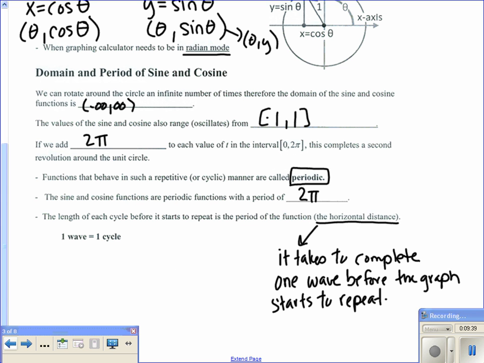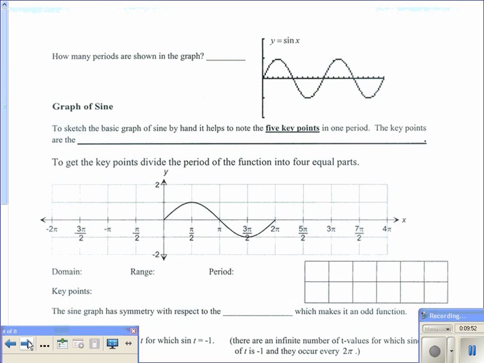So one wave is equal to a cycle, which is equal to the period of your graph, which is important. Now, the period of your graph we will eventually be changing, but for right now, for sine and cosine, we're going to stick with 2 pi.